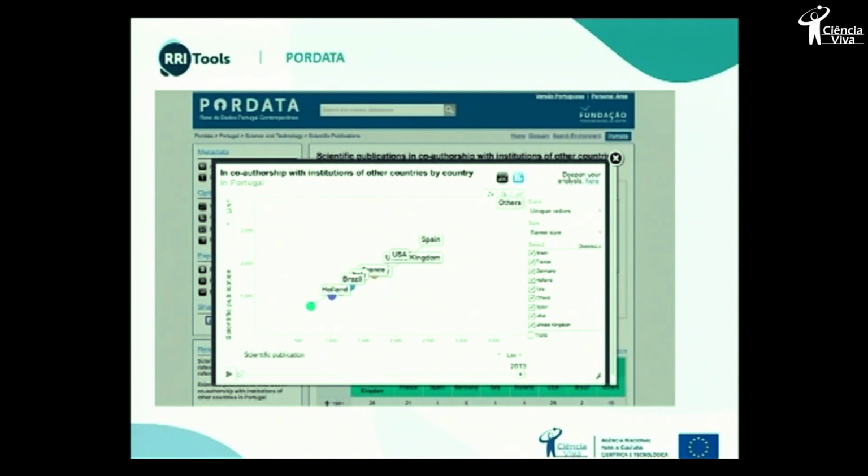The idea of PortData is more than just providing us a way of having clear and cool visualizations. There's one really important thing from the RI perspective that PortData provides, that is most of this information is displayed with metadata, that is information about the information, how it was obtained, by whom, for what purposes.